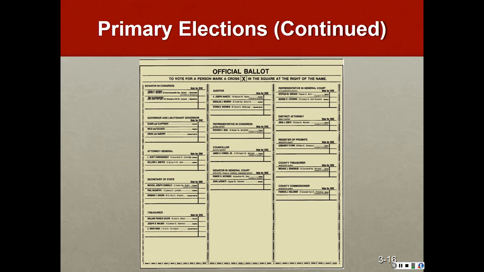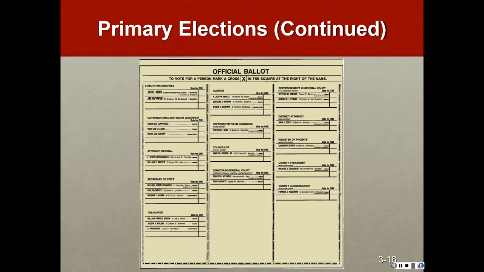I've got a couple of different ballots to discuss. Well, I'll discuss later. I want to show you one now. This is called a block ballot, the official ballot, and what this ballot does, it is for one party. In this case, it is for the Democratic Party, and it lists all of the people that are available.